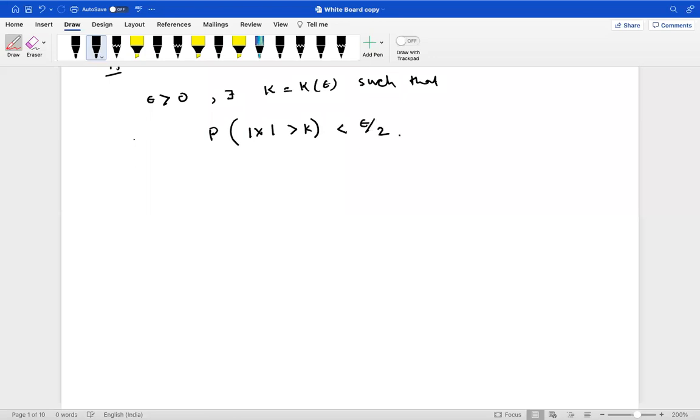So for any random variable, it is bounded with probability 1 minus epsilon by 2.